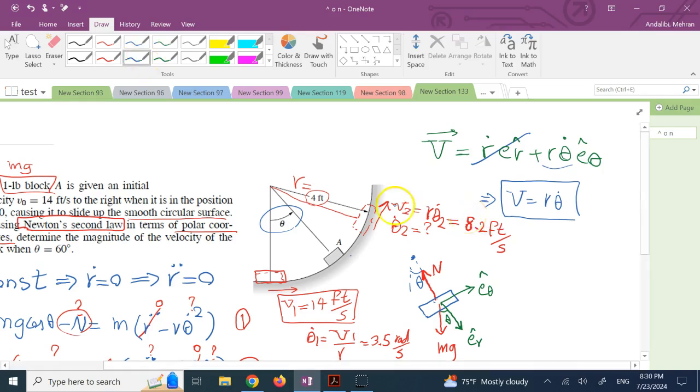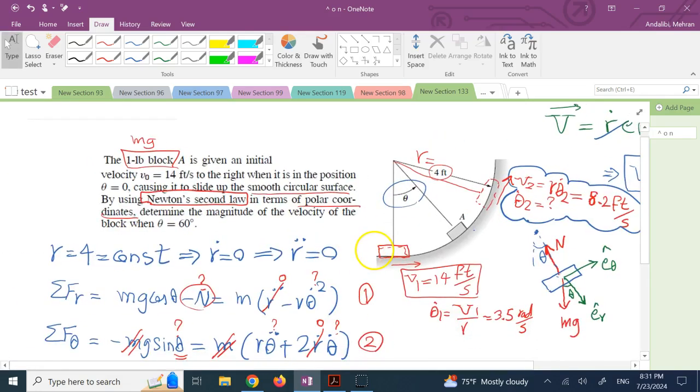That is your final answer. So you go from an initial speed of 14 to basically 8.2. You're going to reduce the speed, and it's obvious because during this travel, although N does not do any work on the system, mg does, and it's a negative work, so you're going to lose some kinetic energy or momentum.